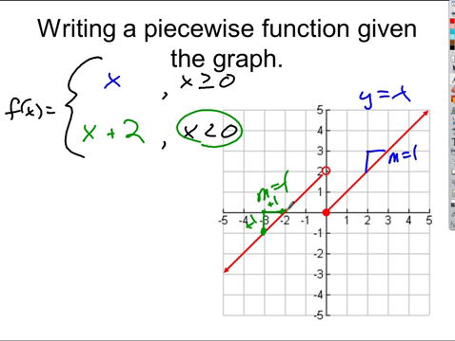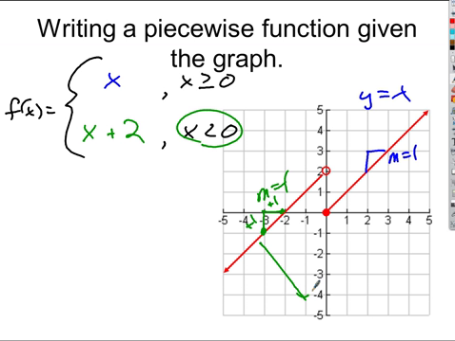If it were negative, the line would be going down like that, right? Positive slopes always mean the ant is walking uphill from left to right. They're increasing functions. Negative slopes mean the ant is walking downhill from left to right. We call it a decreasing function. Okay? Does that make sense?